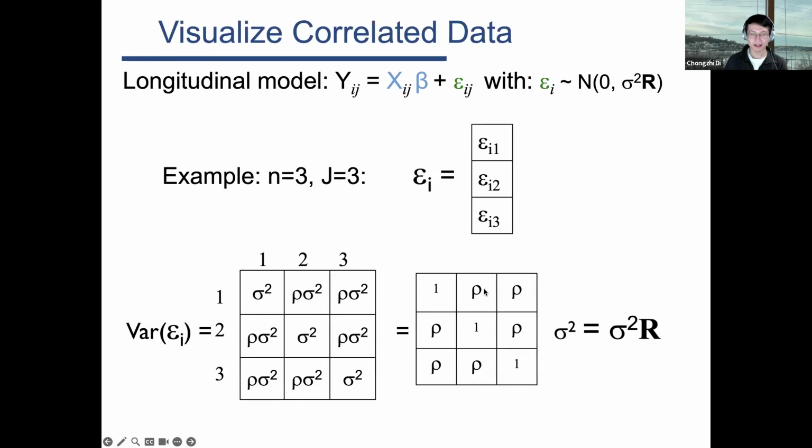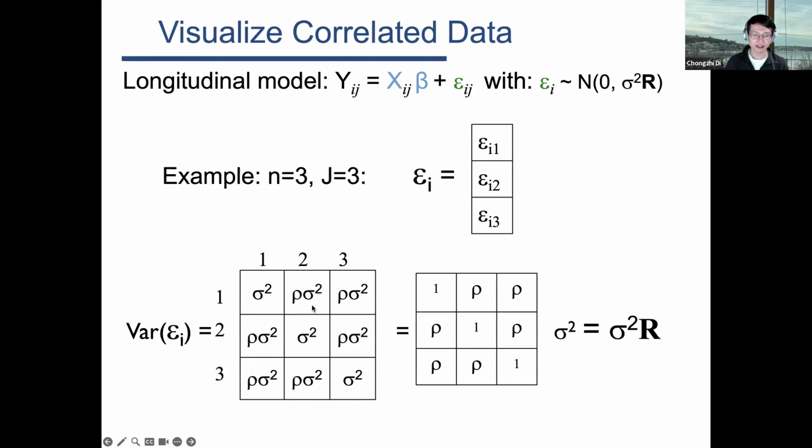Now if you go to longitudinal data, things are a little bit different. We again use Yij to denote the jth measurement for the ith subject. So for each subject, you have 3 measurements. If we look at their variance covariance matrix, the diagonal entries are still the variances, so they are non-zero.